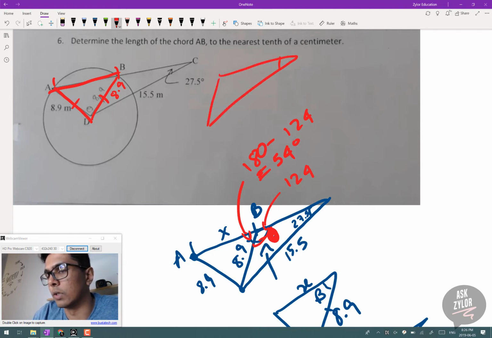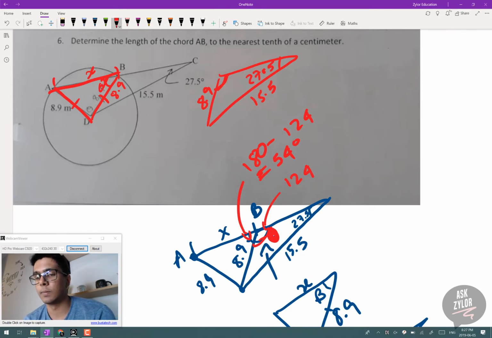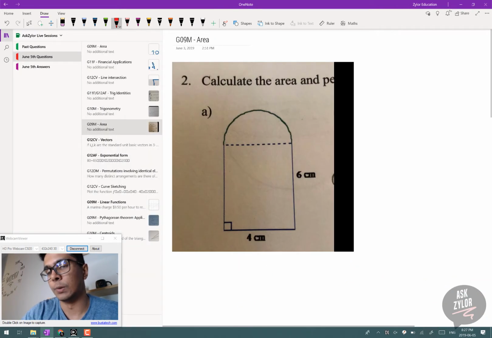So we know this is 27.5 degrees. We know this is 15.5, and we know this is 8.9. So that's plenty of information to use the sine law to figure out what this angle is. Once we figure out that angle, we can find the adjacent angle in the triangle that we're trying to solve, right? When we find that angle, it's a matter of using the sine law to figure out what the distance of x is.